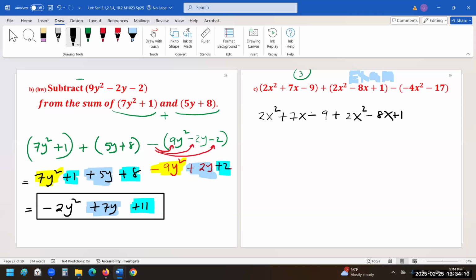But when you subtract, what happens to the last term? What happens to the negative 4x squared? It turns into positive 4x squared. And what happens to the negative 17? Positive 17. So that was the hardest part, converting your sign. And now all you have to do is combine like terms.